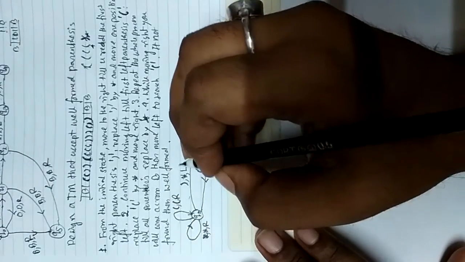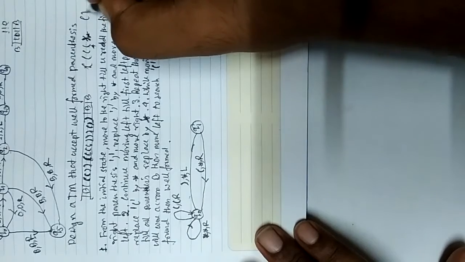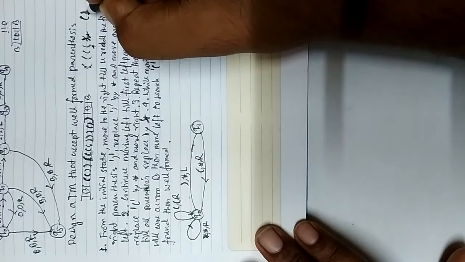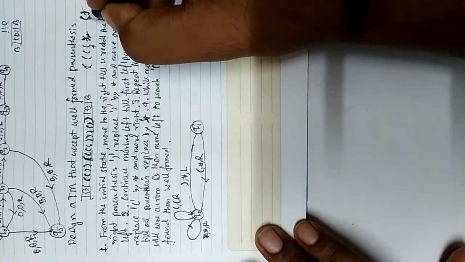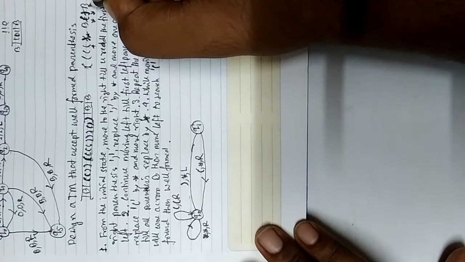Maybe if your parenthesis is like this form, it will first read this one, replace this by star, move towards left, replace this by star, then there is a blank over here. You are in Q1 state, reading this star, replace this star by star, then you read this blank, and after that basically you are finished.